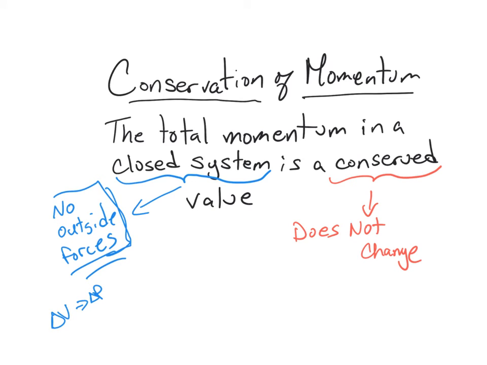A little bit more mathematically, that looks like this. Our initial momentum is equal to our final momentum. And then we can expand this out and talk about the initial momentum of all of our objects in the system.